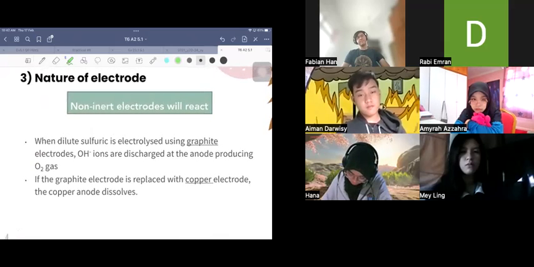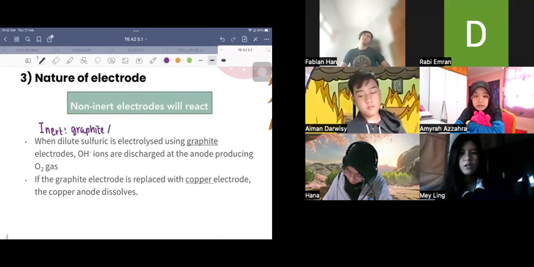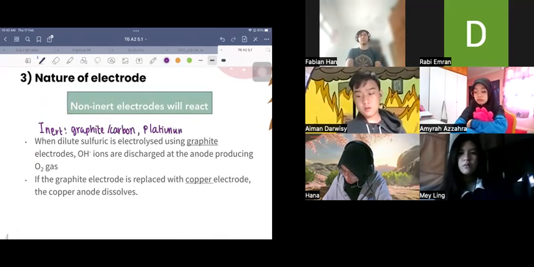Last factor is the nature of the electrode. Usually inert electrodes are things like graphite, carbon. Graphite is sometimes called carbon. Platinum is an inert electrode, okay?